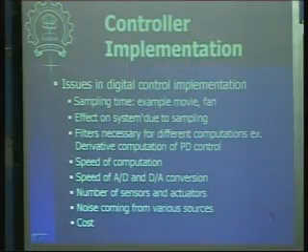Now what are the issues in digital control implementation? Let us see them one by one. First is the sampling time. We'll talk about this a little bit in detail when we come to control implementation in the later classes. But you probably would have observed this when you see a movie.